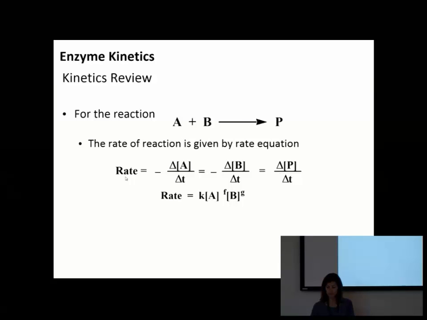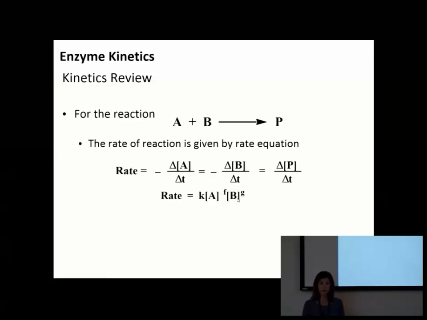So the rate is equal to some constant. Now remember, these brackets mean molar concentration, right? So the concentration of each reactant raised to some power, and the power is what we call the order of reaction. So we have an order of the reaction with respect to A, and we have an order of the reaction with respect to B. And then k is some sort of proportionality constant.